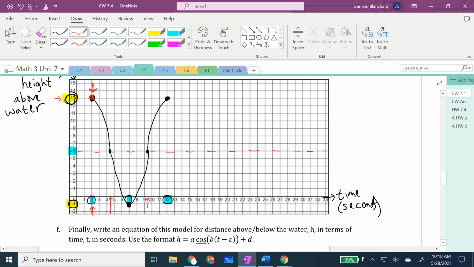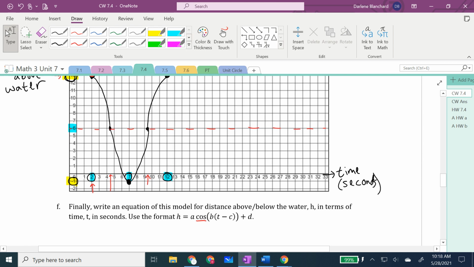Now, there are several things that we're going to need to put together. Let's start with the vertical items because the vertical items are easier to play with. With the vertical issues, I have a shift vertically as well as a stretch vertically.